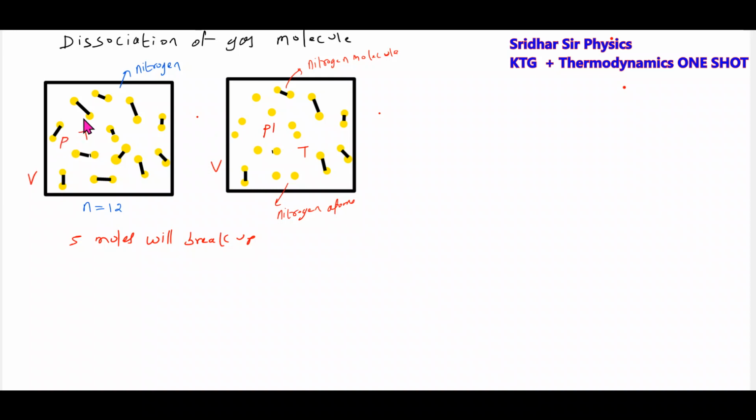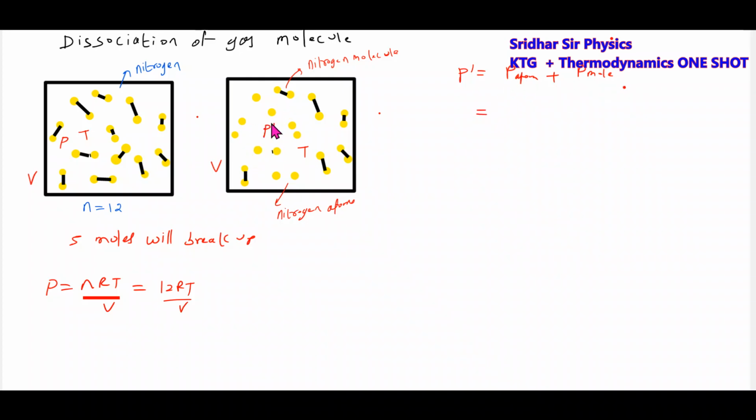The earlier pressure was P. What was the earlier pressure? nRT by V, so with n = 12 it is 12RT by V. The new total pressure will be the pressure due to nitrogen atoms plus the pressure due to the nitrogen molecules.